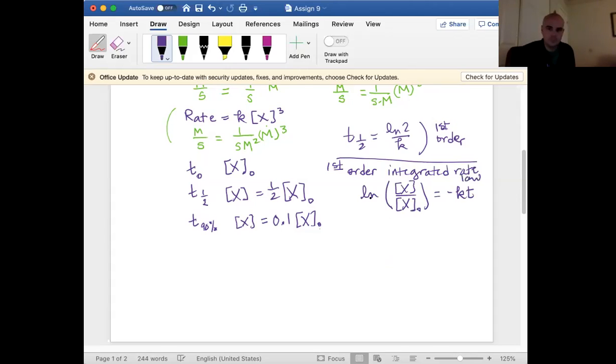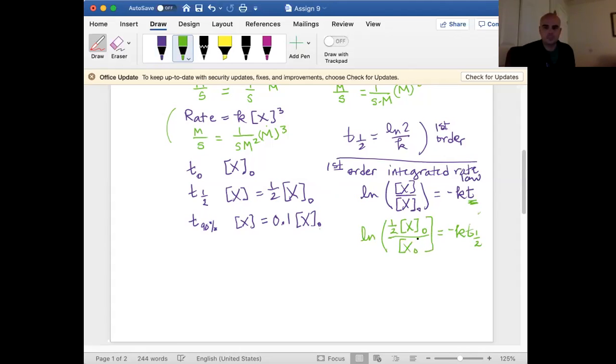So when we think about how we would deal with the half-life, we've got the time over on this side. And so we can say, well, at time 1/2, I'm still going to have minus k because it's a constant, but then my concentrations are known to me. I have half of the concentration left over divided by x naught.